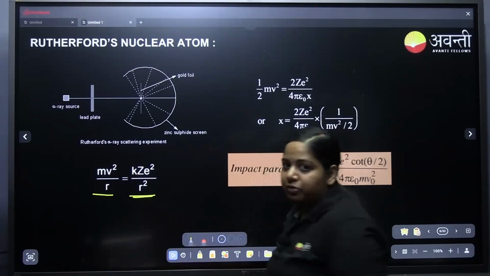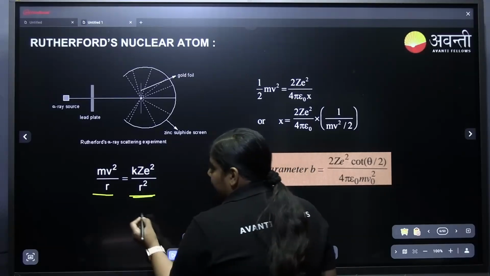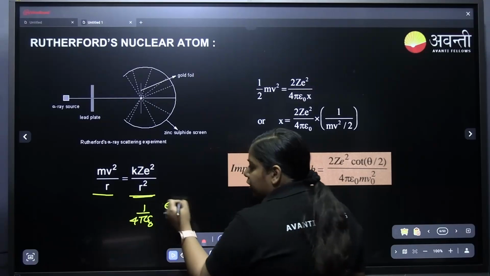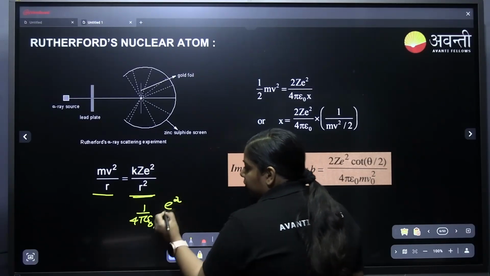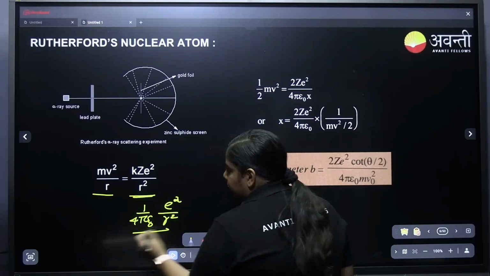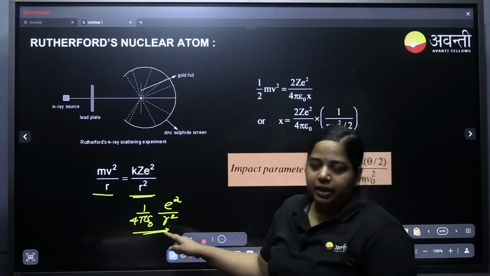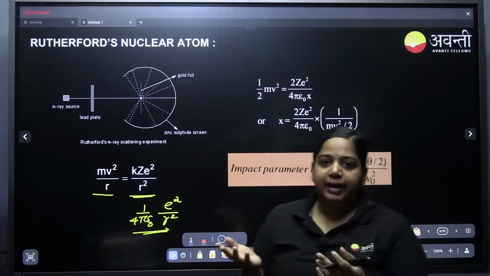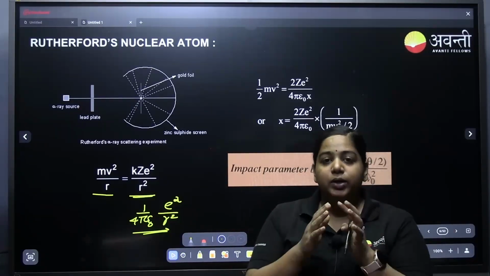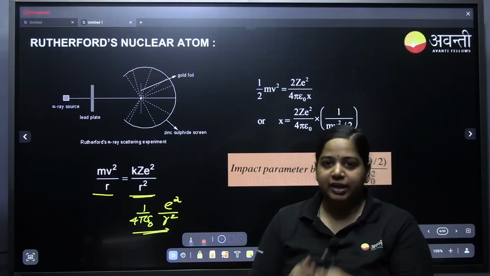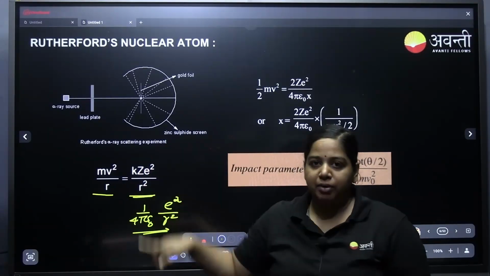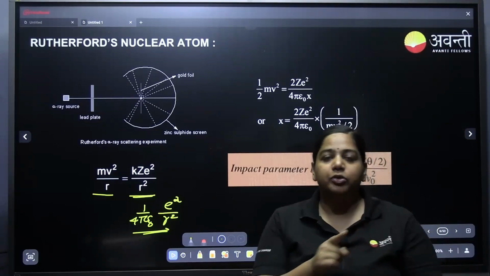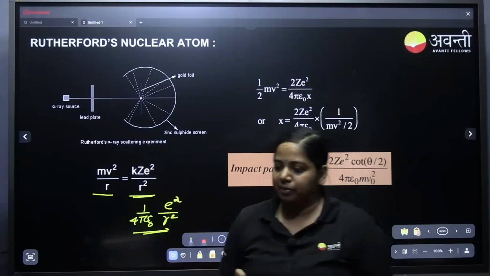Electrostatic force. If you are taking a hydrogen atom, this is 1 by 4 pi epsilon naught, electron into proton, 1 proton, so e square divided by r square, where r is the radius of the orbit. This is for hydrogen. Now if you are taking a higher atom like helium or lithium, the number of protons in the nucleus is increasing, so the Z value comes from that. That is the centripetal force on one electron due to the nucleus, that's why Z is there.